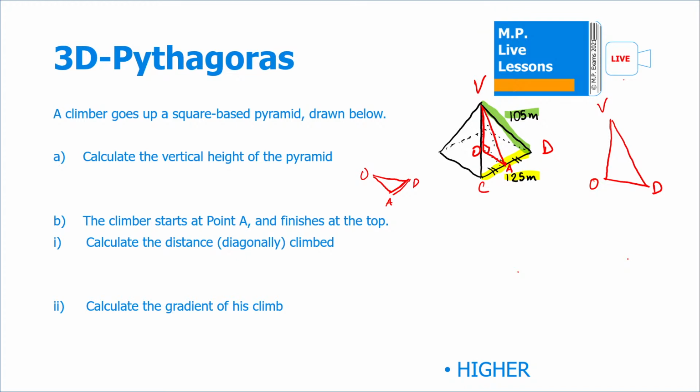So vertical height, this will be OD, right? So if I want to find the length of OD, which is 125 over 2, since A splits them together, and also this, since it's a square-based pyramid, it's the same around, so it's also 62.5. This gets you 88.39.